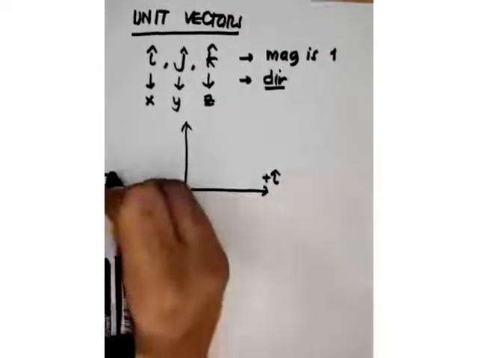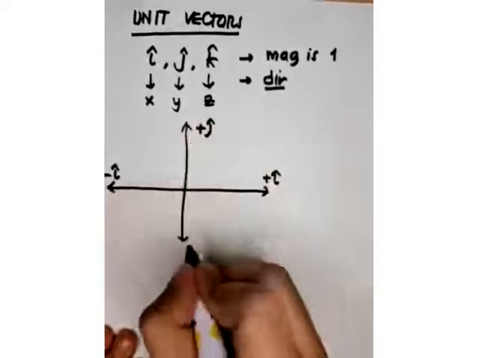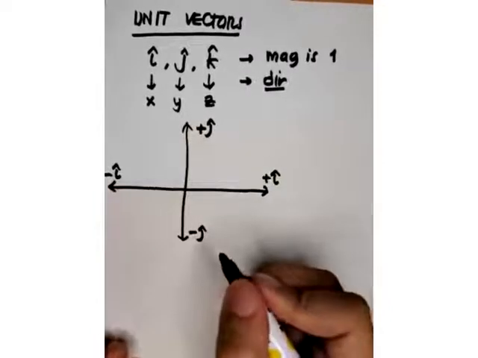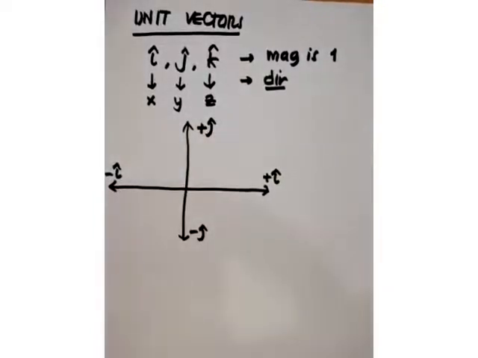Tapos nandito yung negative I hat. Pagpataas, positive J hat. Pagpababa, negative J hat. Okay, nasaan yung K hat or Z axis?